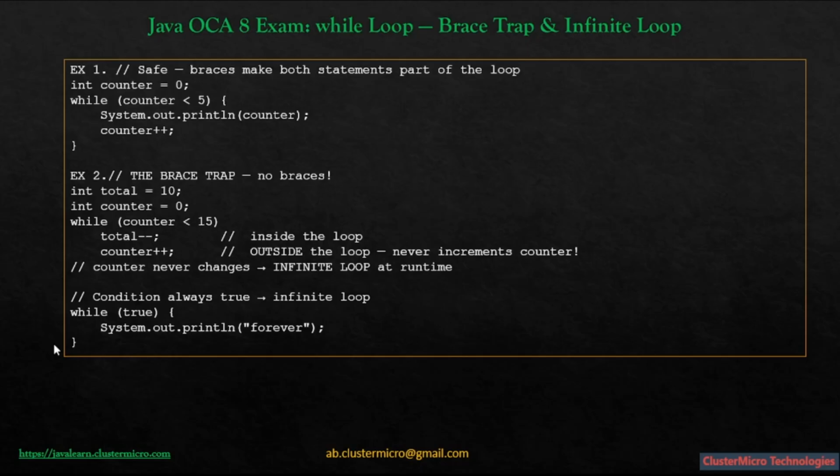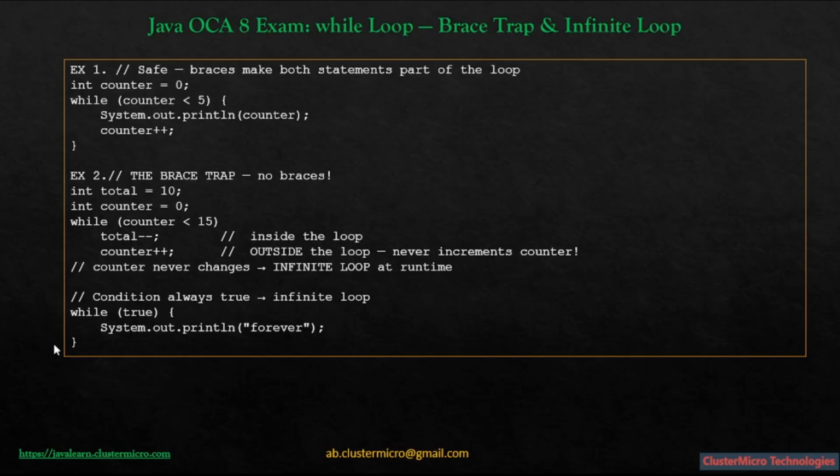So obviously the next statement, total--, will be executed inside the loop. The statement counter++ is outside the loop and therefore runs only once after the loop finishes. Because counter never changes inside the loop, the condition counter < 15 always remains true. As a result, the loop never terminates, creating an infinite loop at runtime, even though the code compiles without errors.